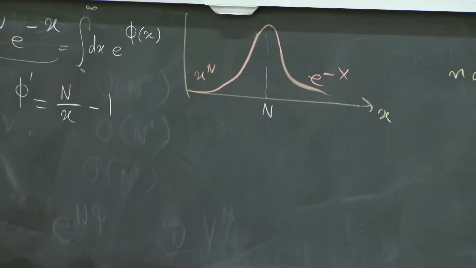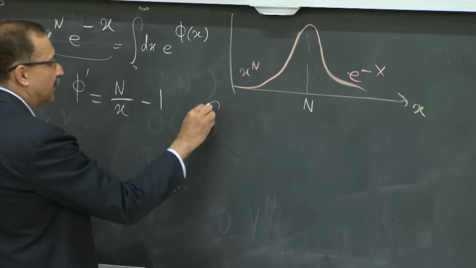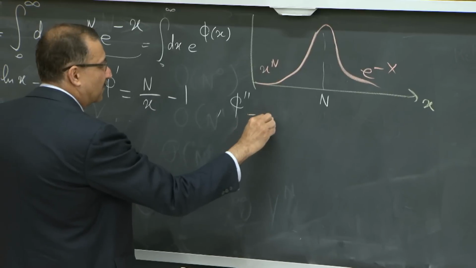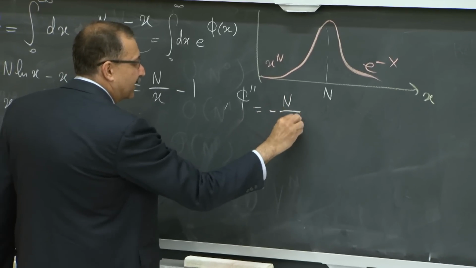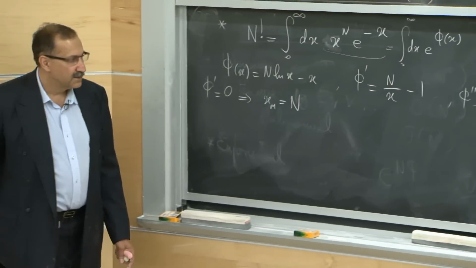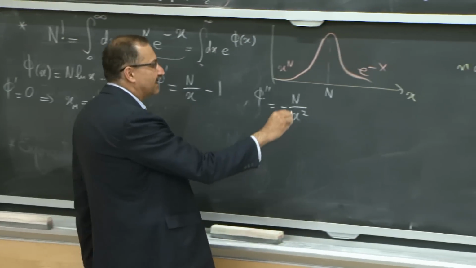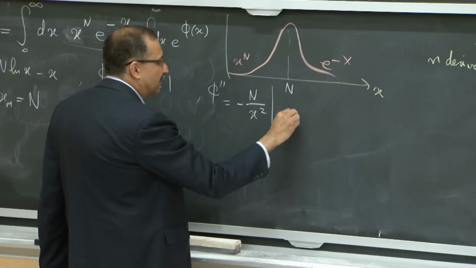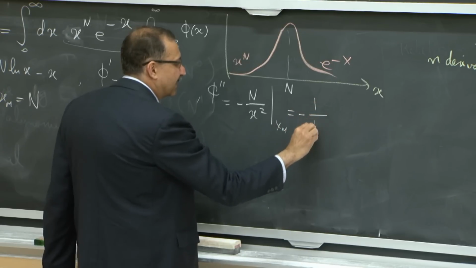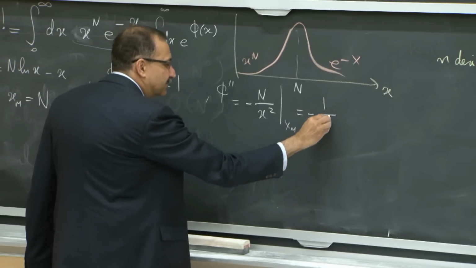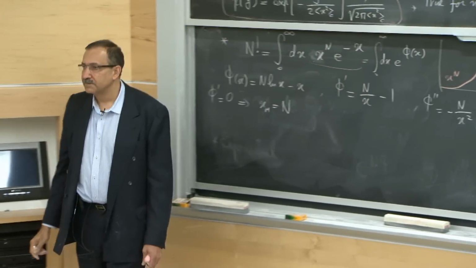And the second derivative, phi double prime, is minus n over x squared, which if I evaluate at the maximum is going to be minus 1 over n, because the maximum occurs at n.